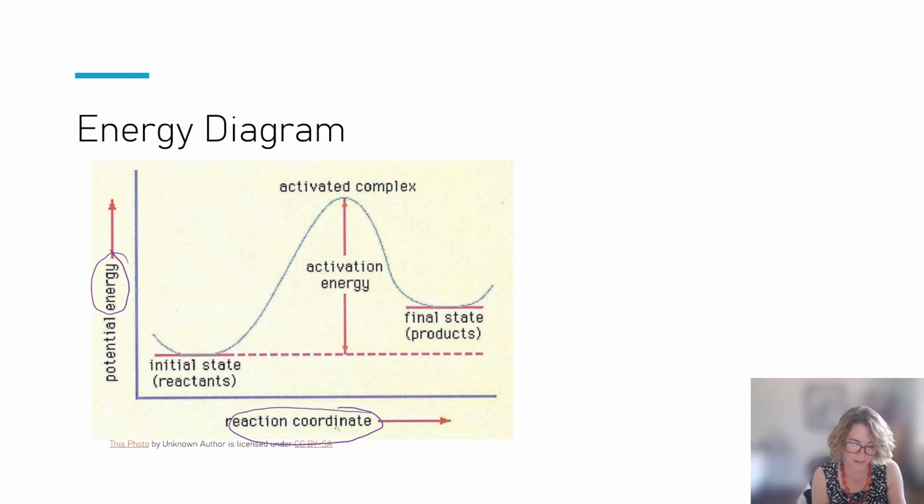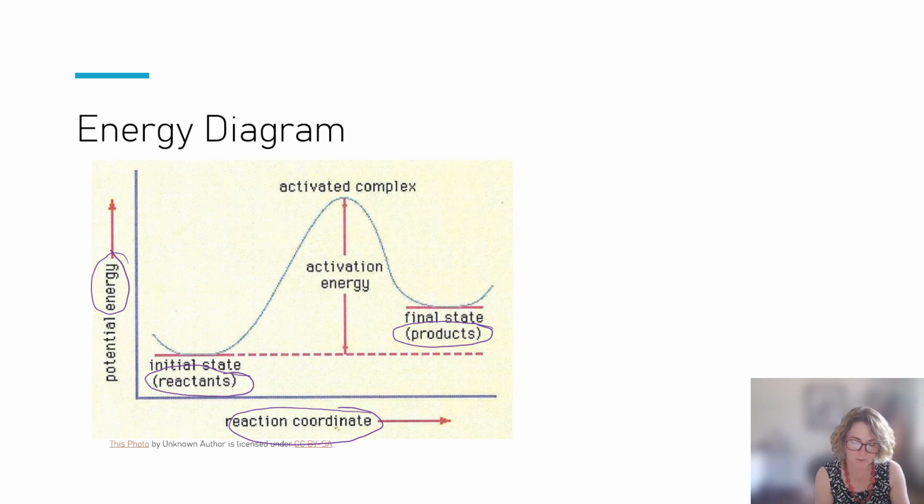And then we have the reaction coordinate here, which is essentially the progression of the reaction. We always have our reactants at a given energy, and then we always have our products at a given energy. And we'll talk about how to interpret that difference between your starting energy and your final energy.